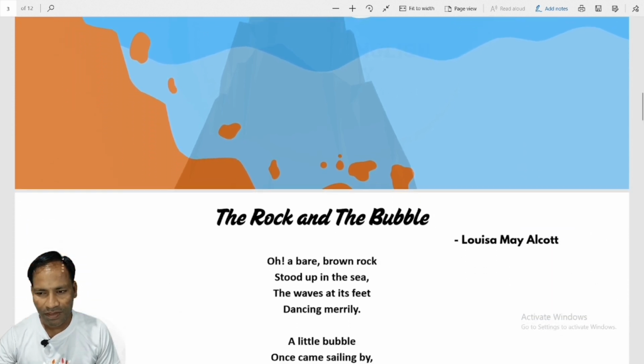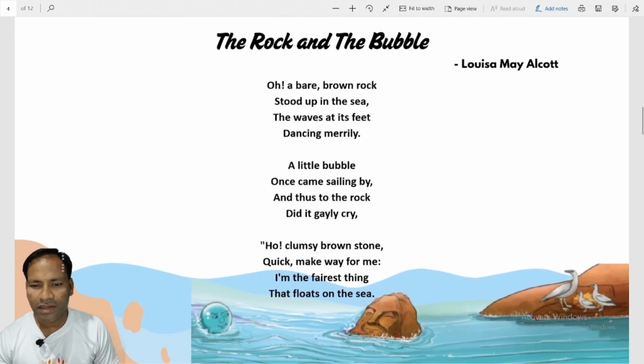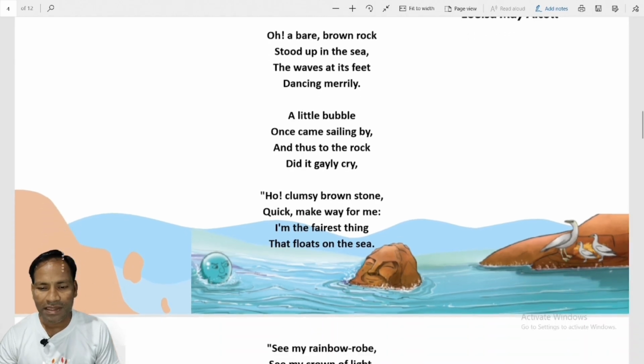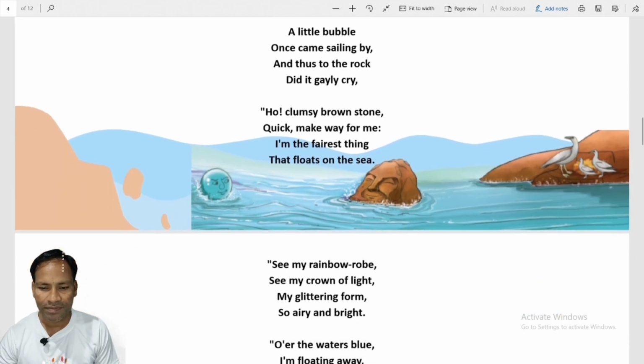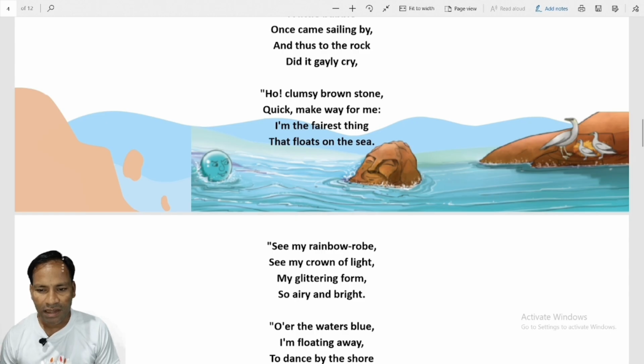So let's start. First of all, I'll read the poem, then we'll learn the explanation of this poem line by line. The Rock and the Bubble, Louisa May Alcott. Oh bare brown rock, oh bare brown rock, stood up in the sea, the waves at its feet dancing merrily. A little bubble once came sailing by, and thus to the rock it gaily cried, oh clumsy brown stone, quick make way for me, I am the fairest thing that floats on the sea.